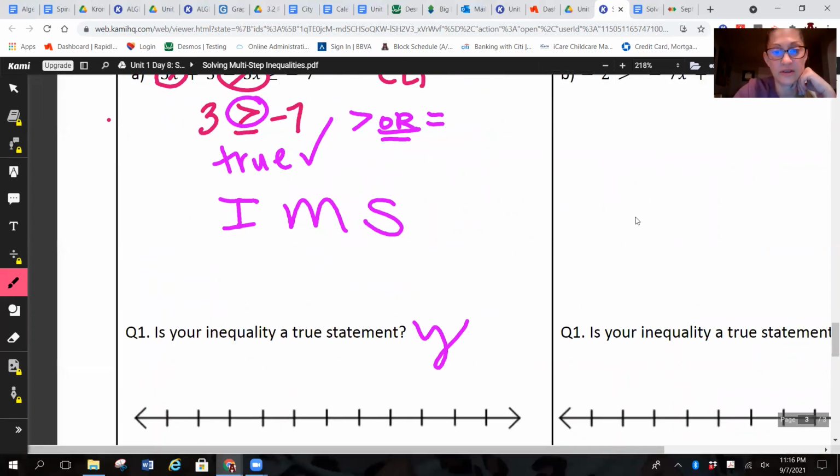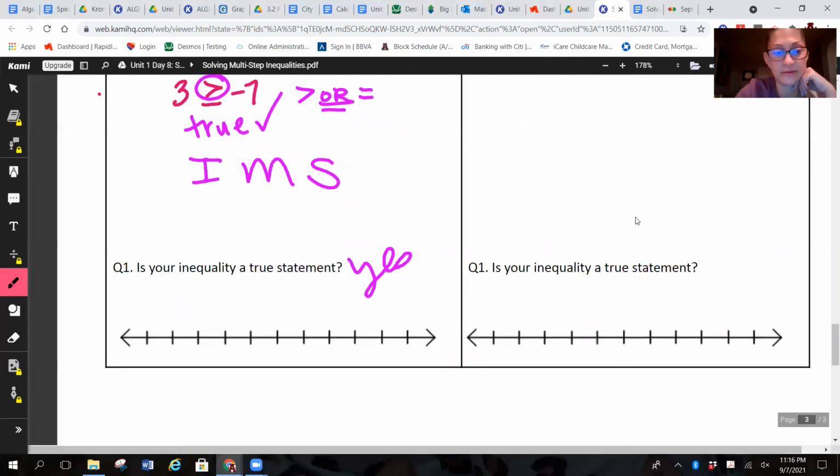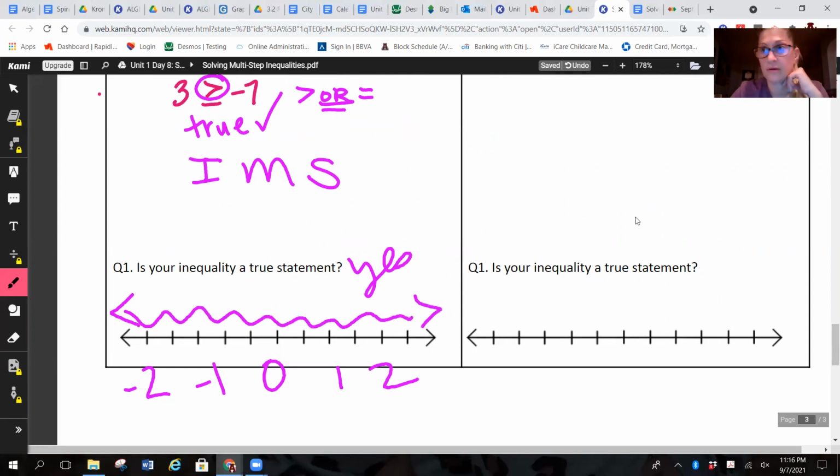So we already said yes, and infinitely many solutions means infinite. So it's going to look like this. All of the number line is colored in because these are all the solutions.